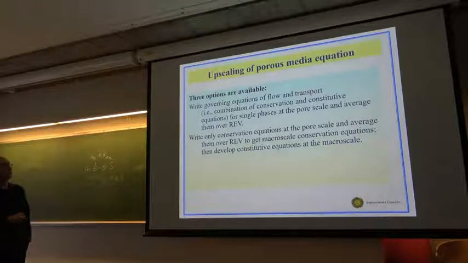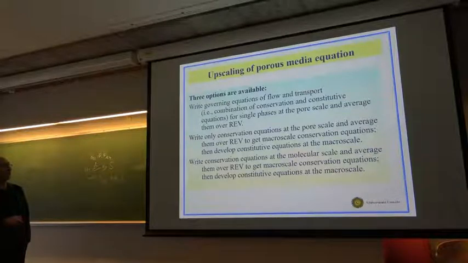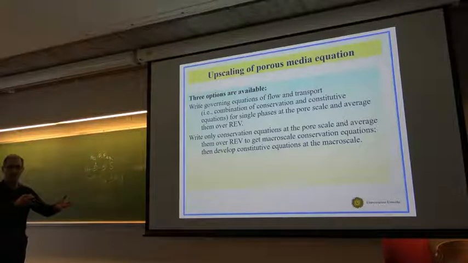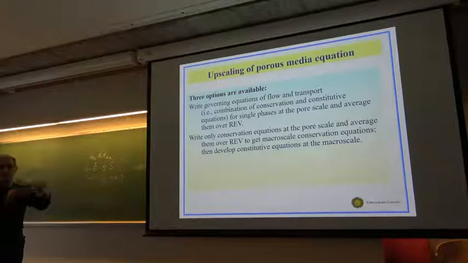That's one option. The other option is that you can write only the conservation equations at the pore scale. By now you know that we have a set of conservation laws that are valid universally, and then we add to them constitutive equations. So the first one is you take the final product and average.